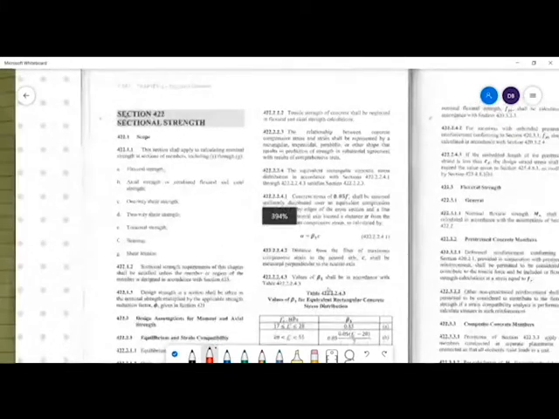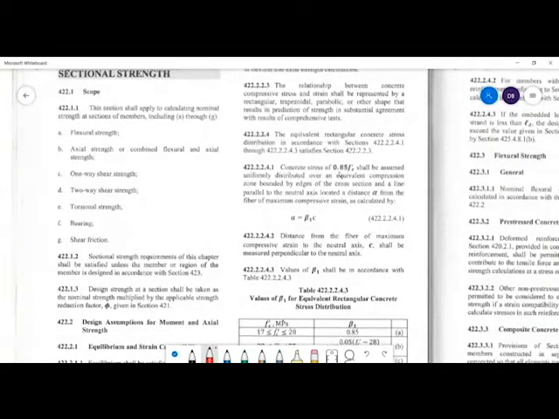So sa 1, concrete stress of 0.85 f prime c shall be assumed uniformly distributed over an equivalent compression zone bounded by edges of the cross-section and a line parallel to the neutral axis located at distance a from the fiber of maximum compressive strain, as calculated by a is equal to beta sub 1 c. Distance from the fiber of maximum compressive strain to the neutral axis c shall be measured perpendicular to the neutral axis.